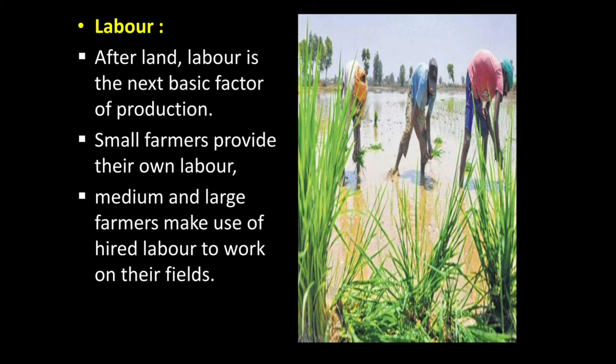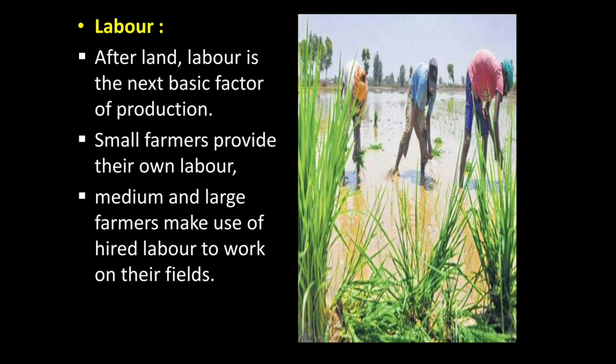So, because of these two reasons, they provide their own labor to their own field or to others' fields in some cases. And medium and large farmers make use of hired labor to work on their fields, as the medium and large farmers have large land holding size as well as much capital. They can hire labor to work for them.